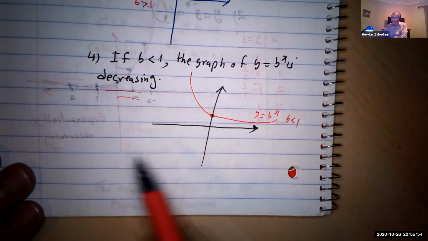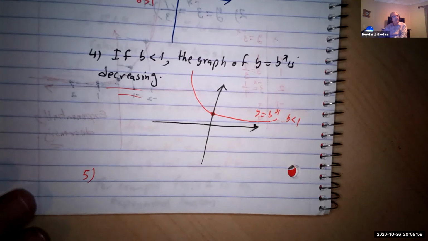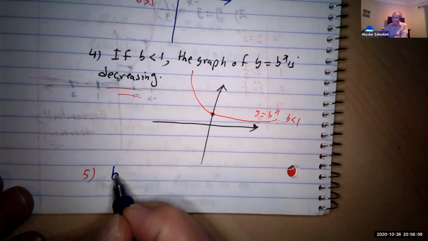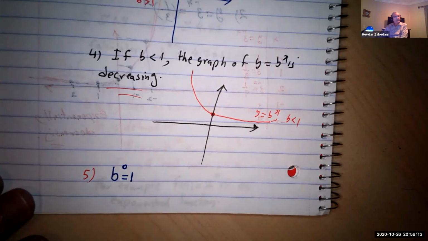Now algebra, it's just the properties of the exponents that we have. In algebra, we just remind you that b to the 0, of course, is 1. You know it. Okay.